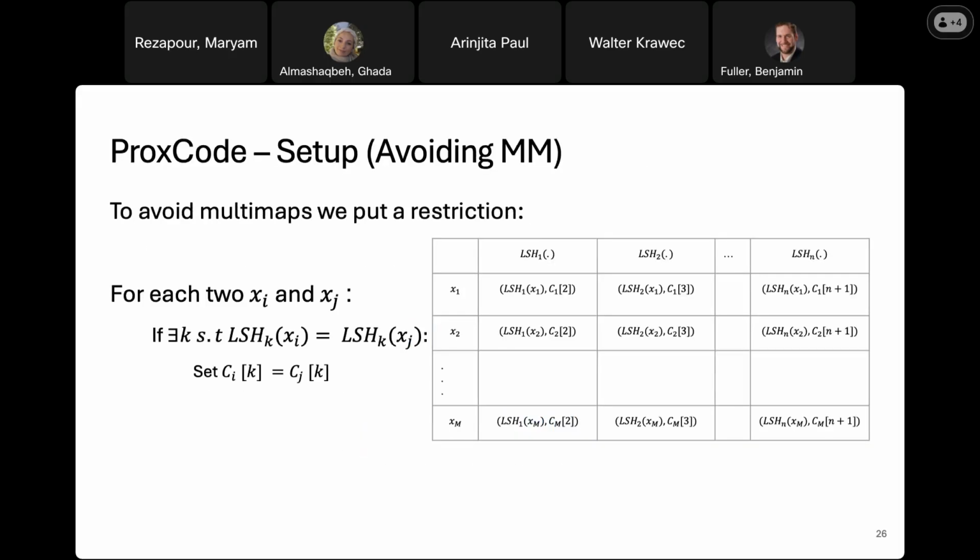The other thing to avoid multi-map is that if we have the same first components in the map, but the second one be different. So we put a restriction that whenever the first components of a tuple are the same, so we have the same LSH evaluation for some xi and xj, then we force that the k-th symbol of the code words Ci and Cj be the same. Sorry, be the same.